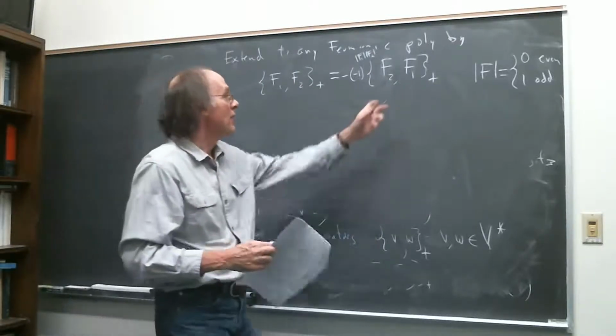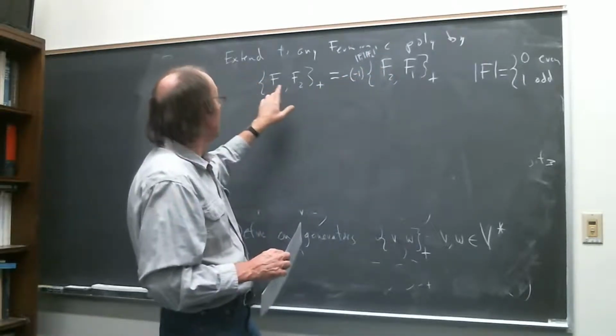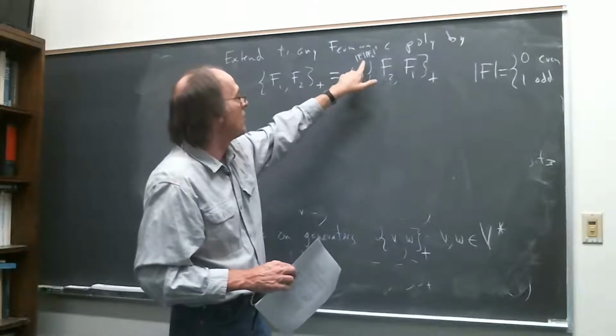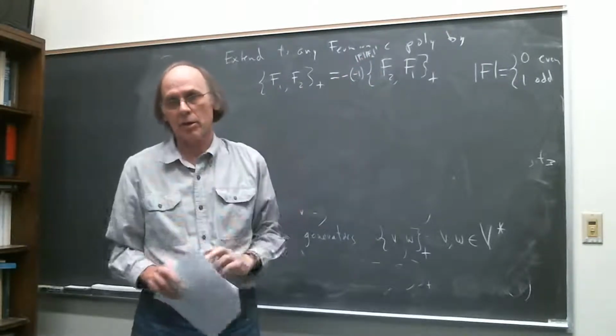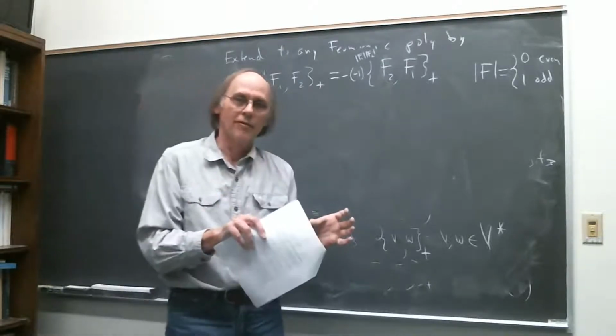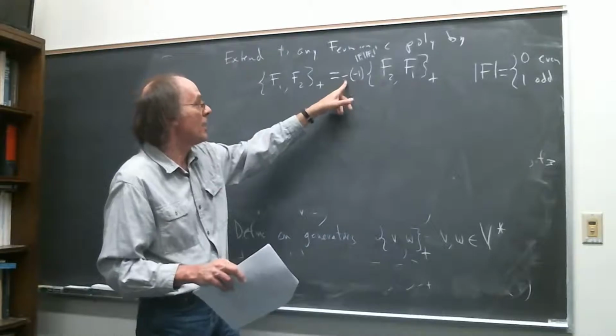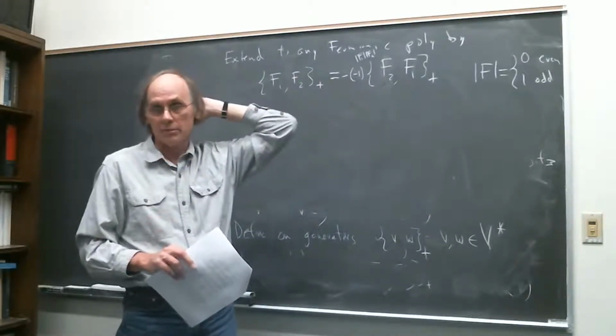But if you have even functions in here, then even is going to give you a 0 up here, and you'll get a minus sign here, and it'll behave like the Poisson bracket. So this will do the same thing as a Poisson bracket on even fermionic things. It'll have the opposite symmetry on odd things.